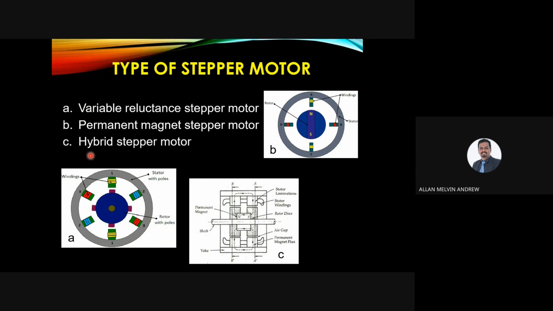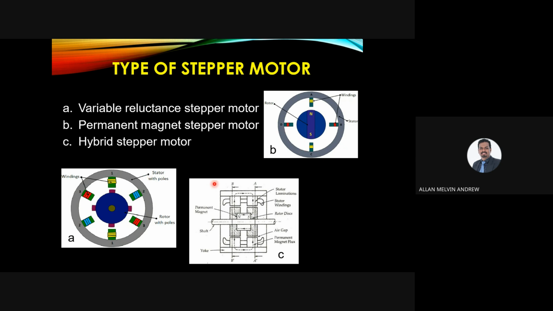This is the construction for the variable reluctance stepper motor. It has a winding, a stator with poles and a rotor with poles. When the electromagnetic field is generated, it will start to move. Then we have a permanent magnet stepper motor, B. We can see there's a permanent magnet in between, and we have a winding, stator and rotor as usual.